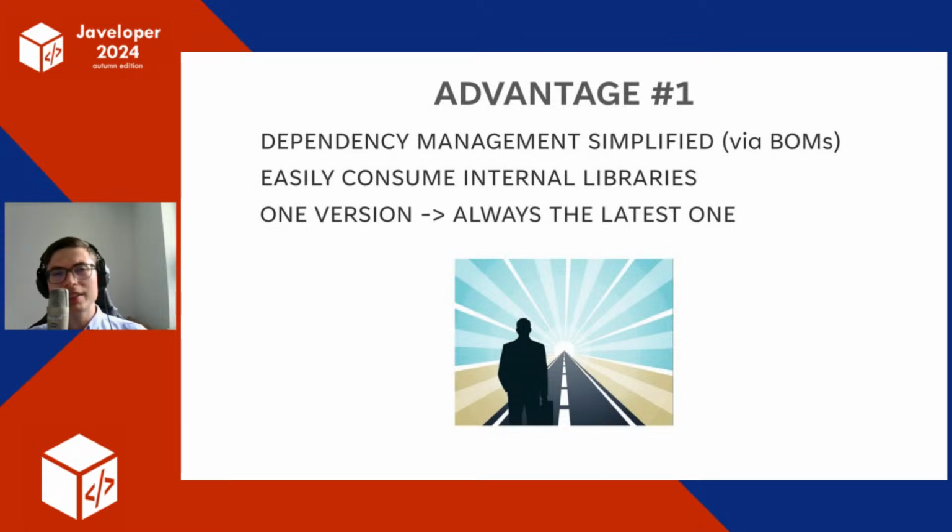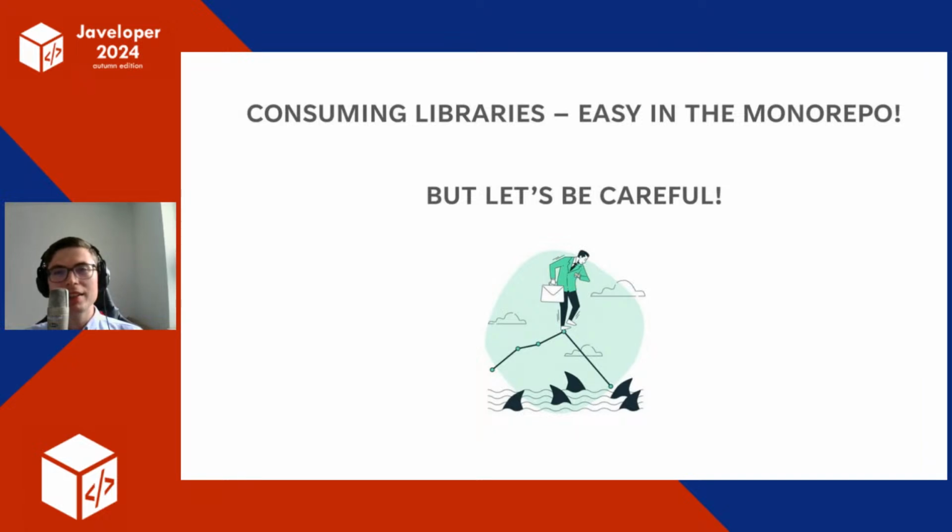So we established that consuming and publishing libraries in monorepo is simplified, but we need to be aware that there are some trade-offs related to that, because if you are making it so easy to consume and publish libraries, one day you may end up in a situation that you are making some change to a prototype project, and seeing that you are breaking 500 other projects, and you never intended even for anyone to use this project.